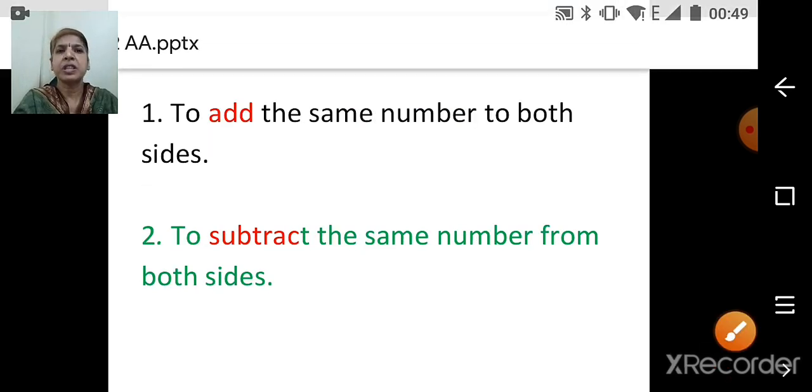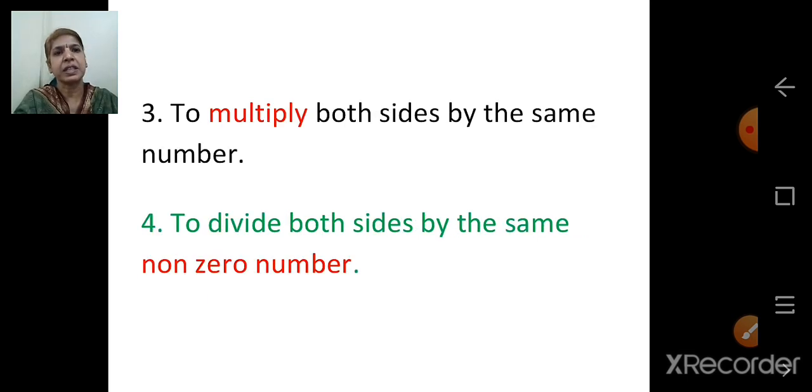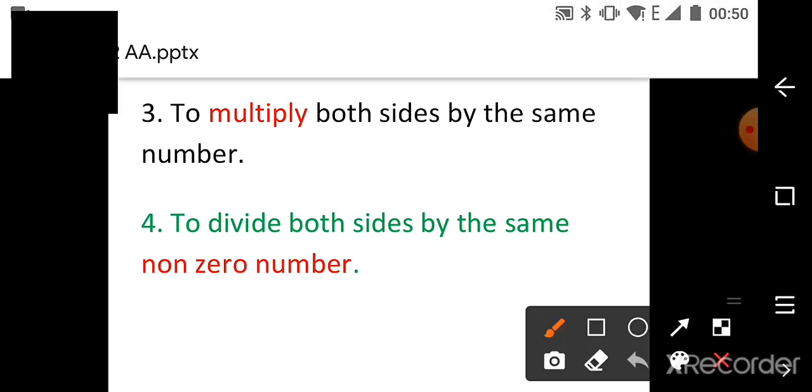So remember children, to add the same number to both the sides. So when we solve the equation, we add the same number to both the sides. To subtract the same number from both sides. To multiply both sides by the same number. And to divide both sides by the same non-zero number.